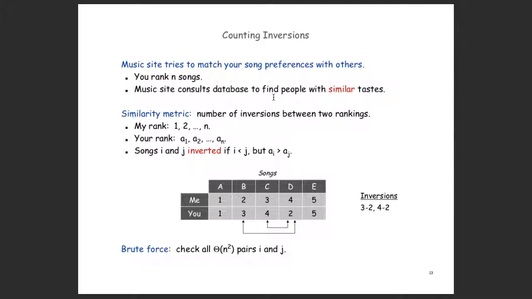We talked about counting inversions. If you have two rankings, you want to count the number of things that are ranked differently, so you want to find how similar the rankings are.